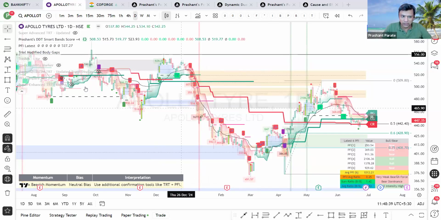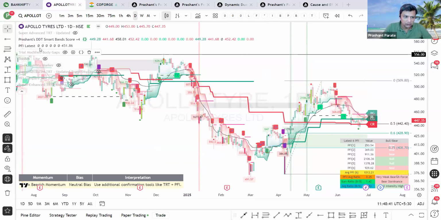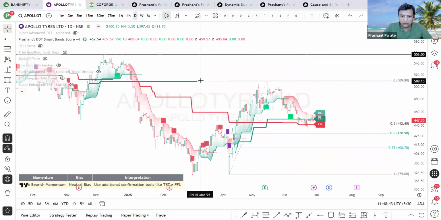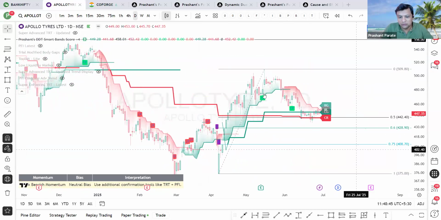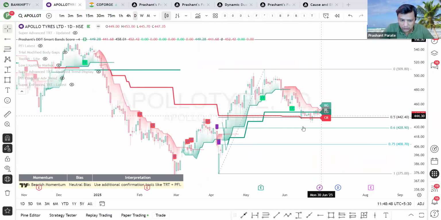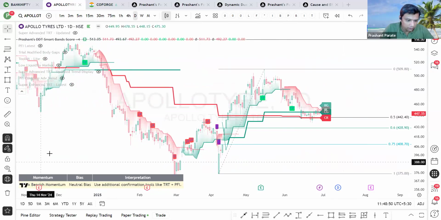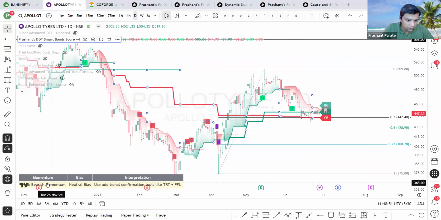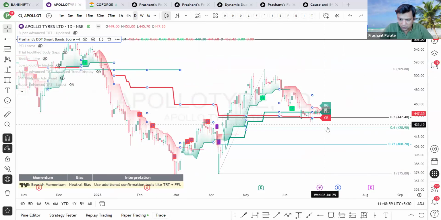What do double dynamic bands say? So DDT smart bands are showing us bearish momentum, which is weak, and neutral bias. But if price comes down, it will show bearish bias, and momentum will also be bearish at that time.